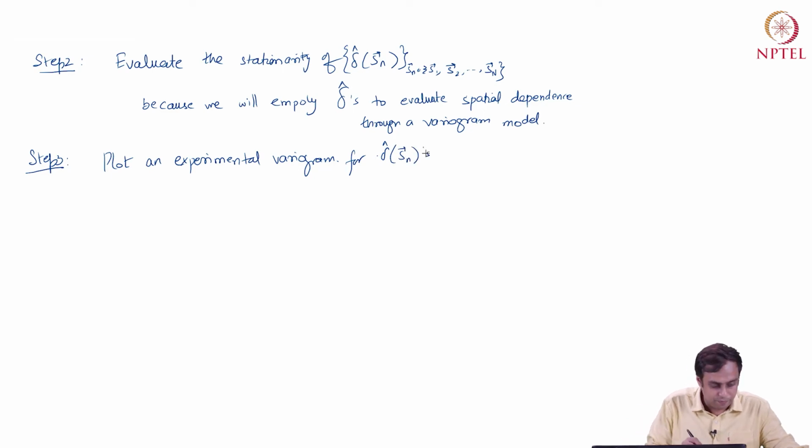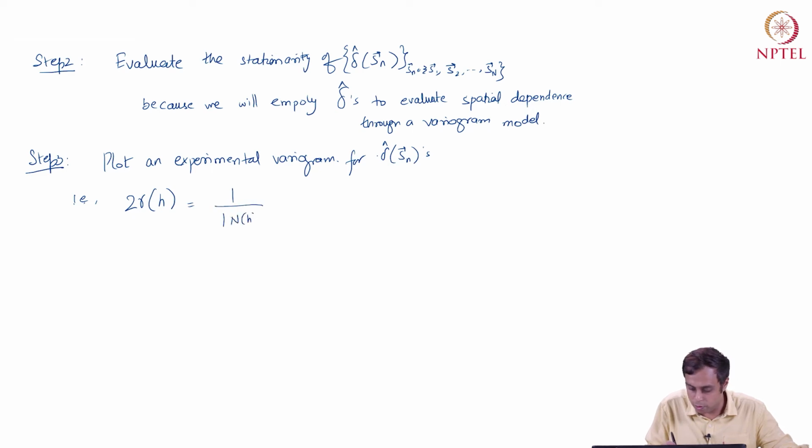That is to say that I will calculate 2 gamma h, which is going to be nothing but 1 over the count of location pairs separated by a lag of h, summed from i equals 1 to n of h.